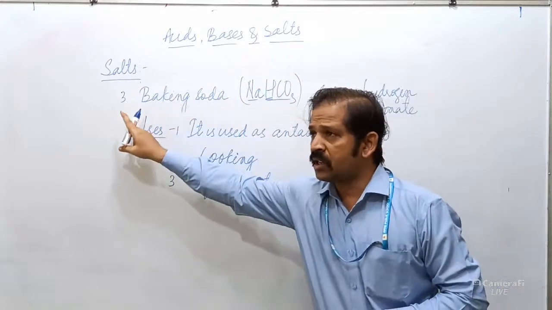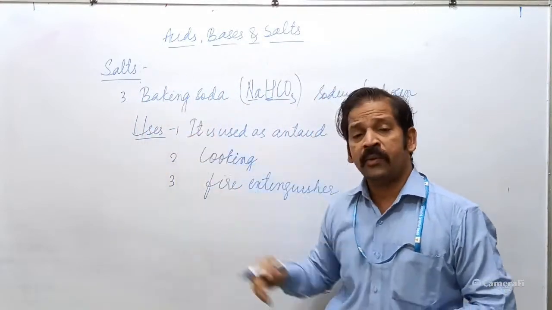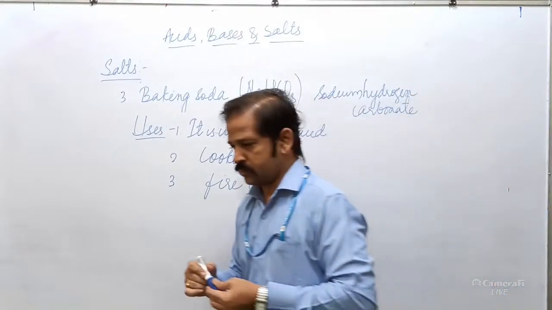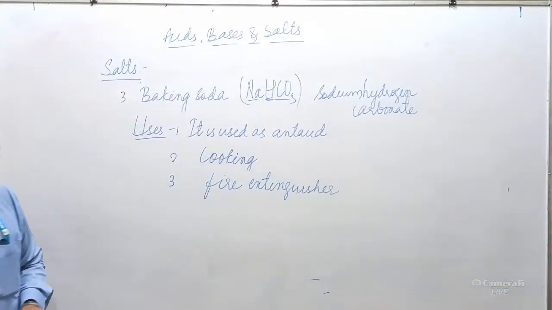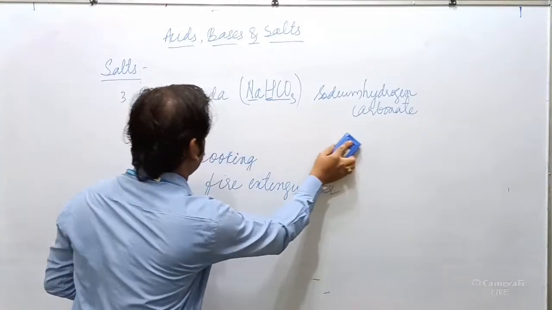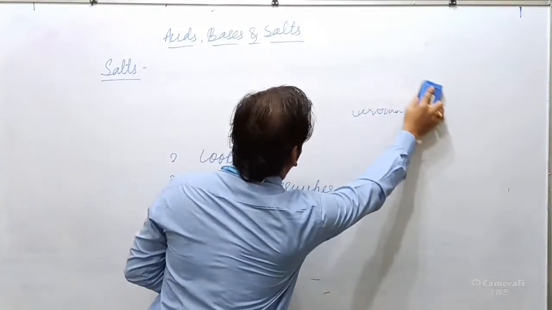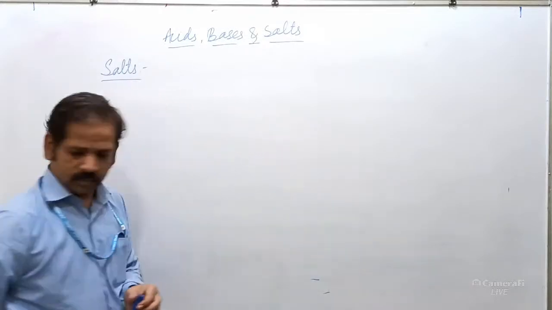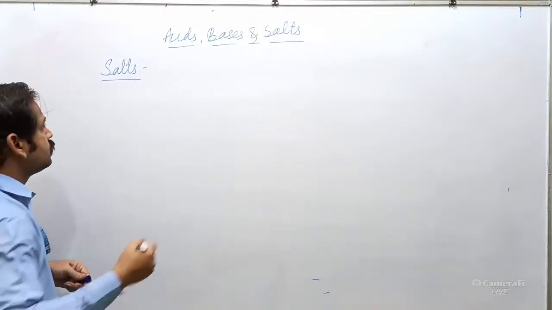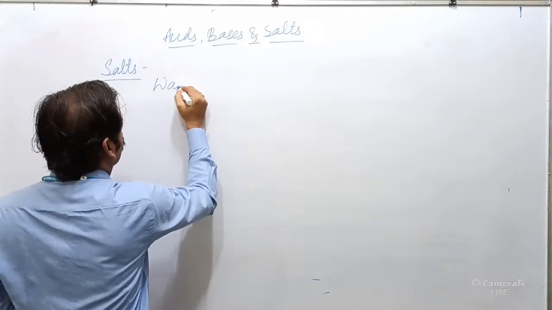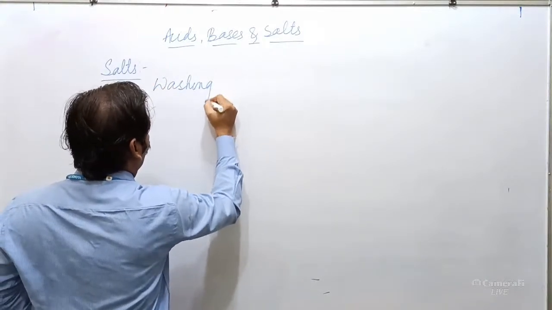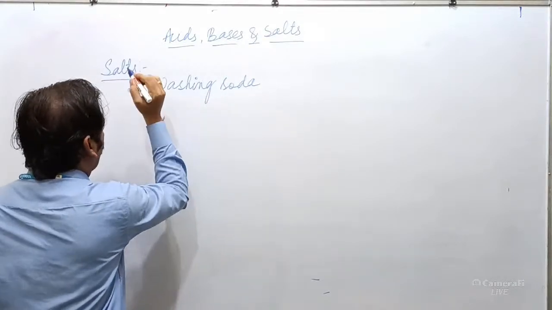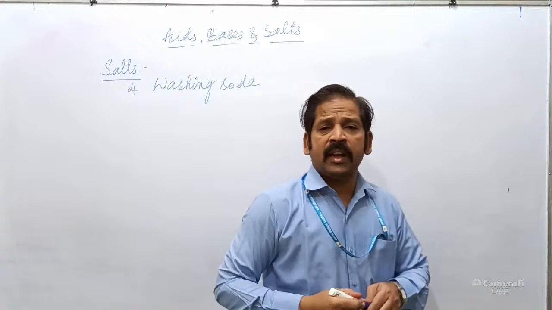Next, after baking soda, the next chemical is washing soda. The fourth chemical is washing soda.